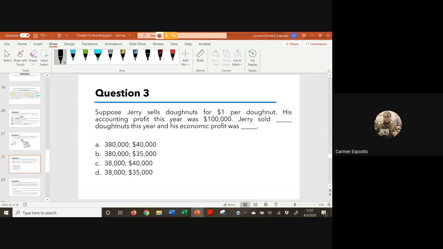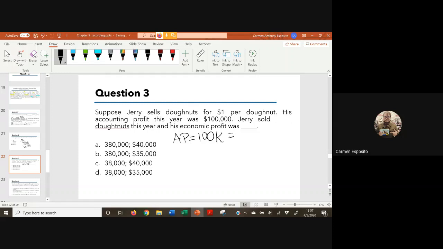So suppose Jerry's donuts sell for $1 per donut, and his accounting profit was $100,000 a year. Jerry sold blank donuts this year, and his economic profit was what? Well, recall that we're saying AP is 100,000.